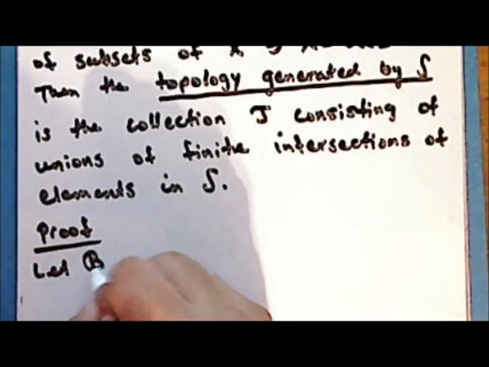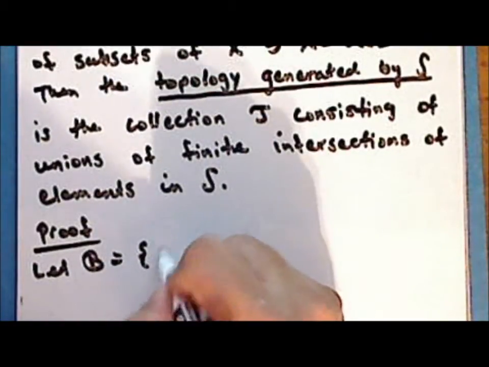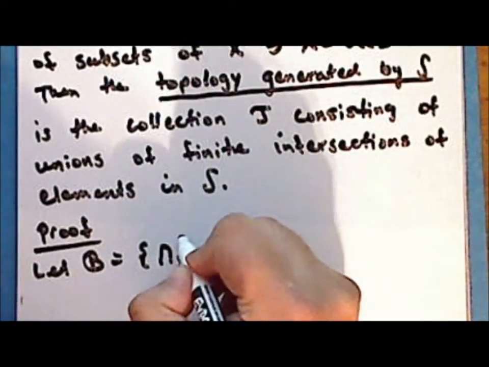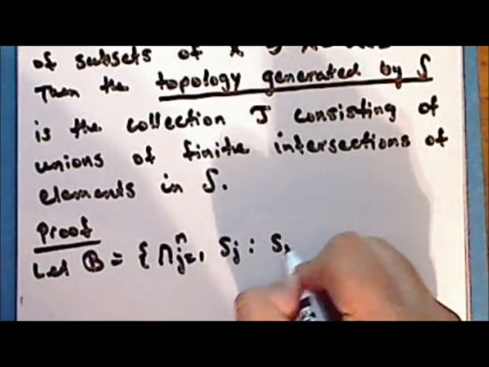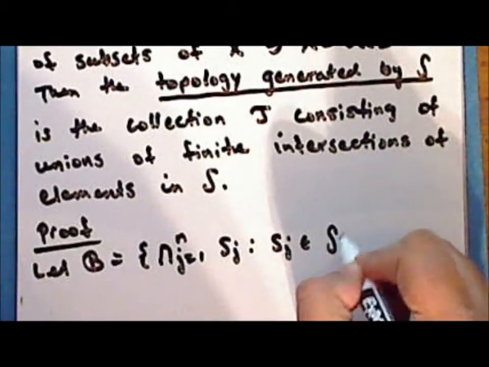So let script B be the collection of all finite intersections of the elements in the collection script S.